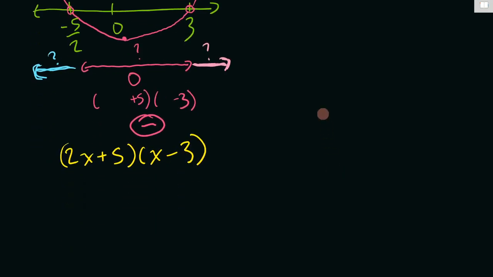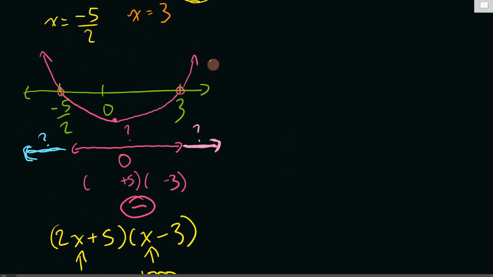If I imagine plugging 1,000 in for x, a nice big positive number, then this first bracket is roughly 2,000 and this second bracket is roughly 1,000. The plus 5 and negative 3 don't really matter. So I get roughly 2,000 times 1,000, which is 2 million, but I don't even care about that. All that I care about is that a big positive times a big positive makes an even bigger positive. So it's definitely going to be positive over here.